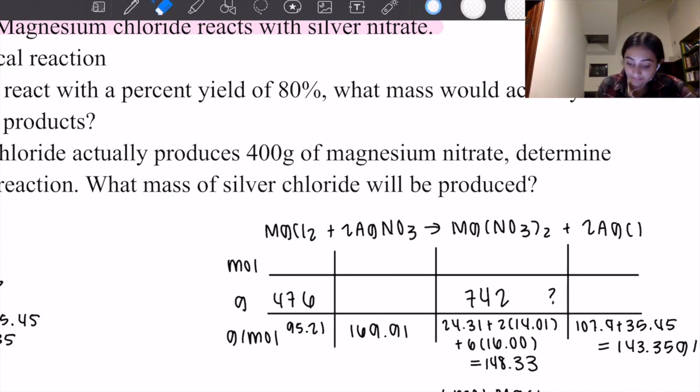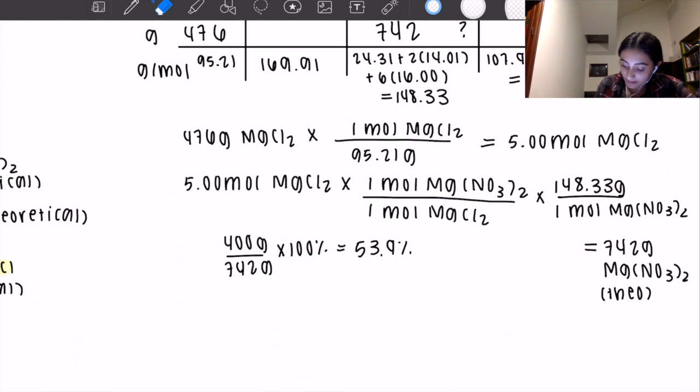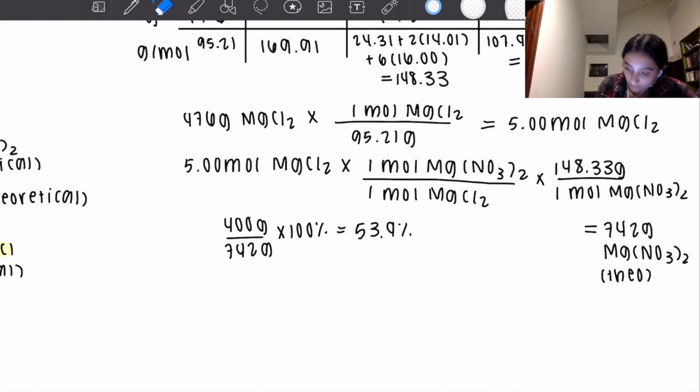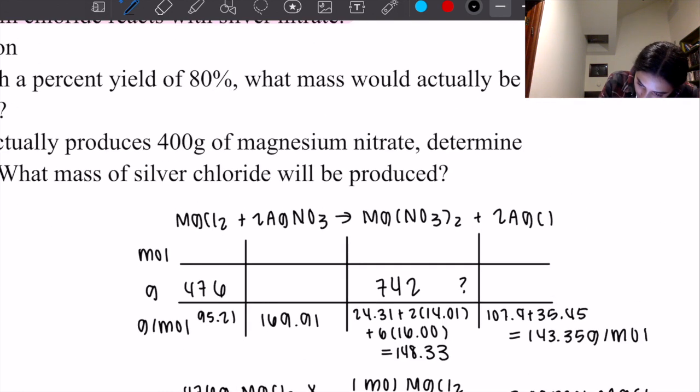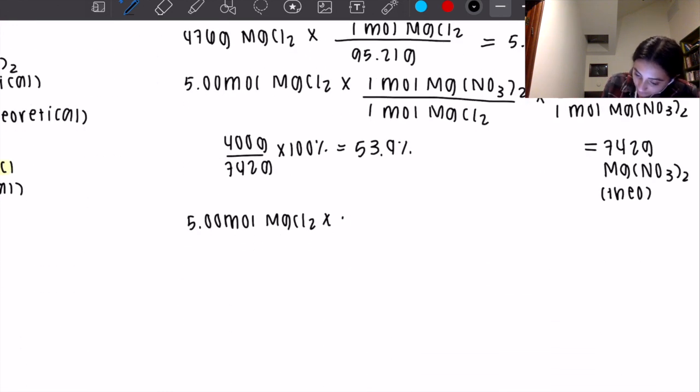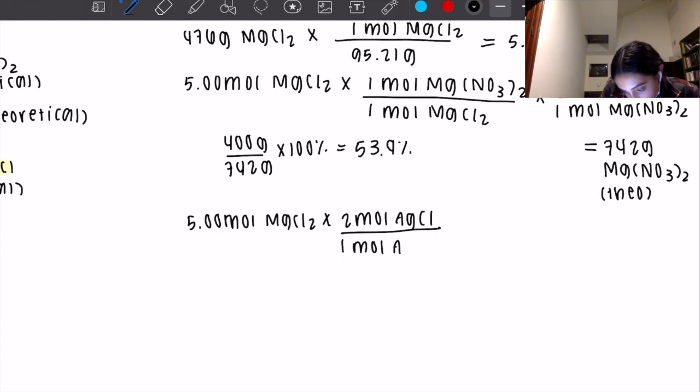So now the last part of the question is what mass of silver chloride will actually be produced. So for that, I first need to find the theoretical mass of silver chloride. So I am going to take 5.0 moles MgCl2 multiply by 2 mole AgCl over 1 mole MgCl2.